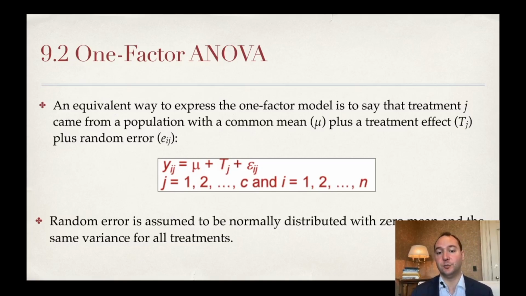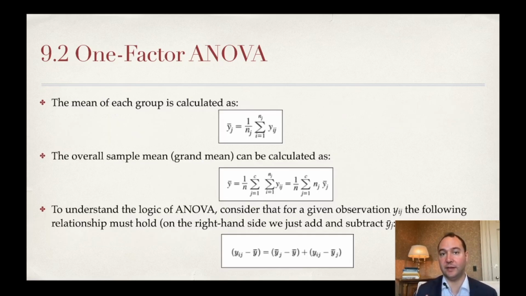Random error is assumed to be normally distributed with zero mean and the same variance for all treatments. In other words, if we calculate the error, we have 0 as the mean, and it follows a normal distribution around that error. The mean of each group is calculated as follows.